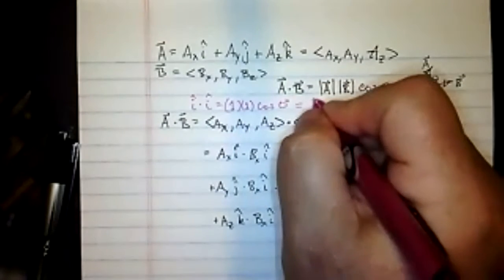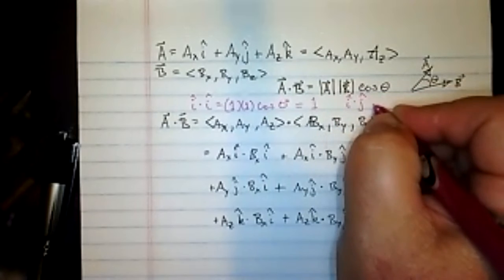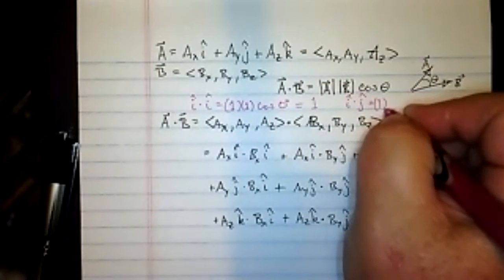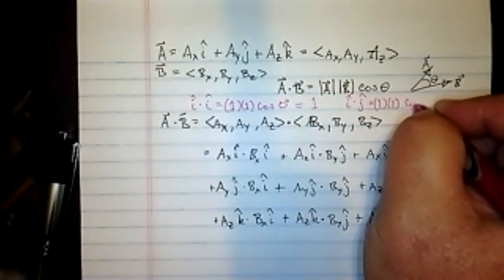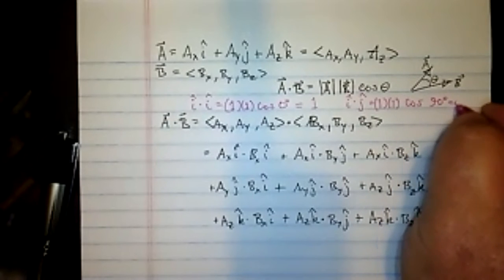Of course, that's just 1. And then i hat dot j hat would be 1 times the cosine. Now they're 90 degrees apart. So in fact, that gives me 0.